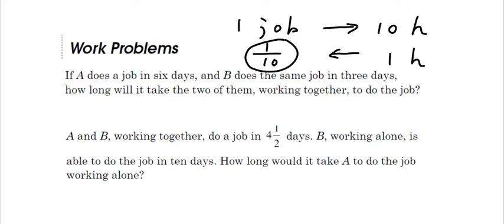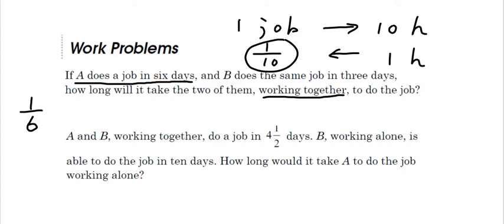Let's say two people work together. We have this question: how much time should it take? For a job, if A does this job in 6 days, then in 1 day A can finish 1/6, right?